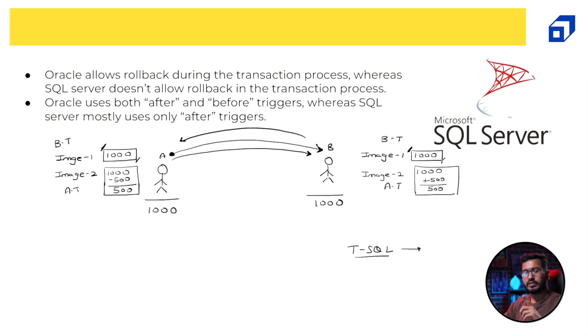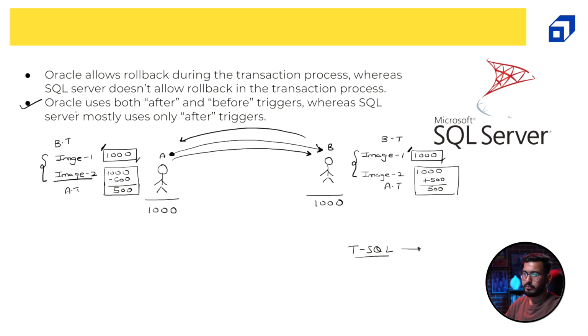So the transaction is not completed, and it will come back to image 1. Now Oracle preserves both image 1 and image 2. I'm talking about the difference between PL/SQL and T-SQL. The major difference is that in Oracle, both your image 1 and image 2 are preserved, but in T-SQL, once the transaction is completed, it will preserve the after trigger.